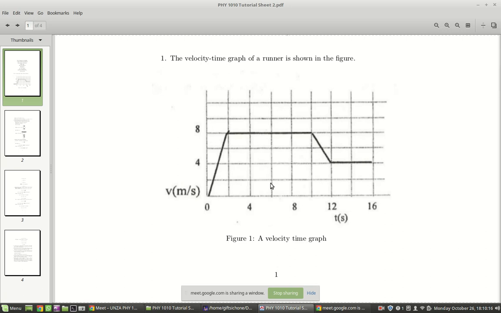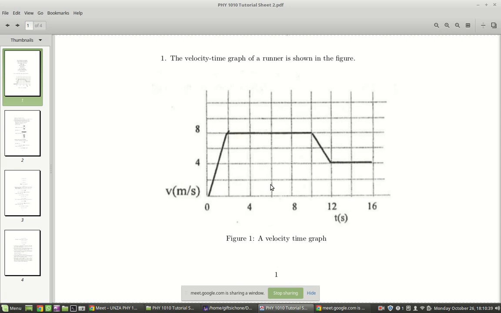Now, why is this graph here? Why not some other kind of graph, like a distance time graph or an acceleration time graph? The reason why this graph is here is because a velocity time graph allows us to, first of all, have a picture view of how the velocity is changing with time.